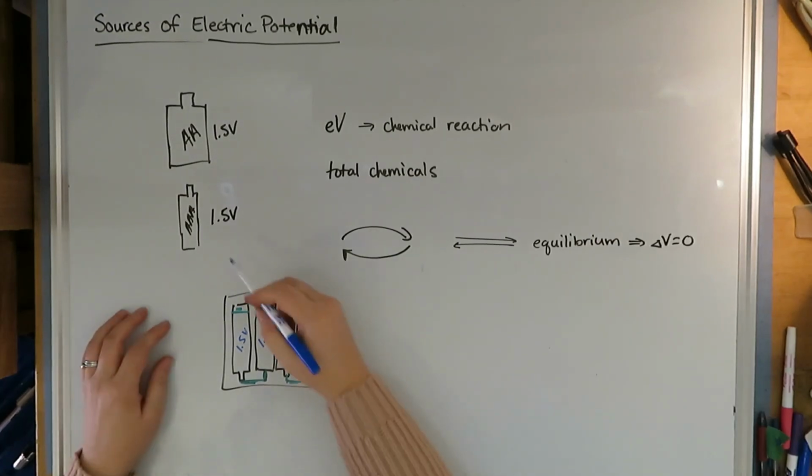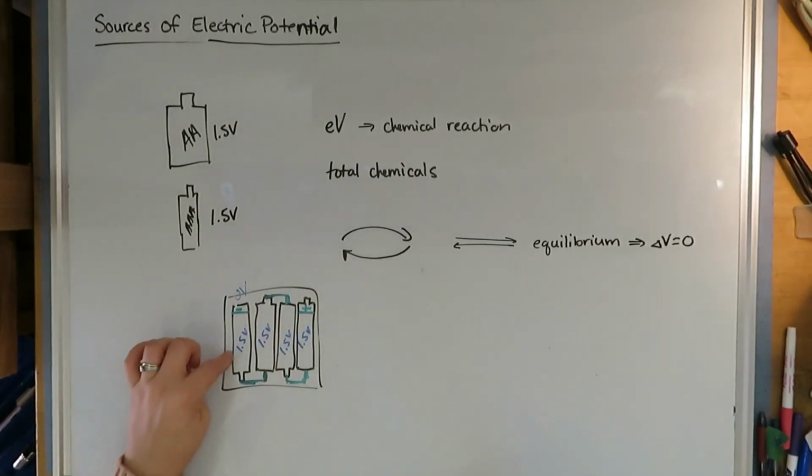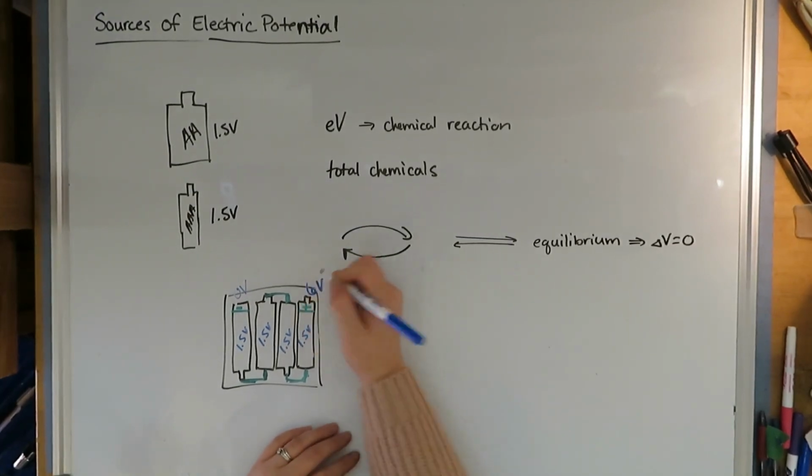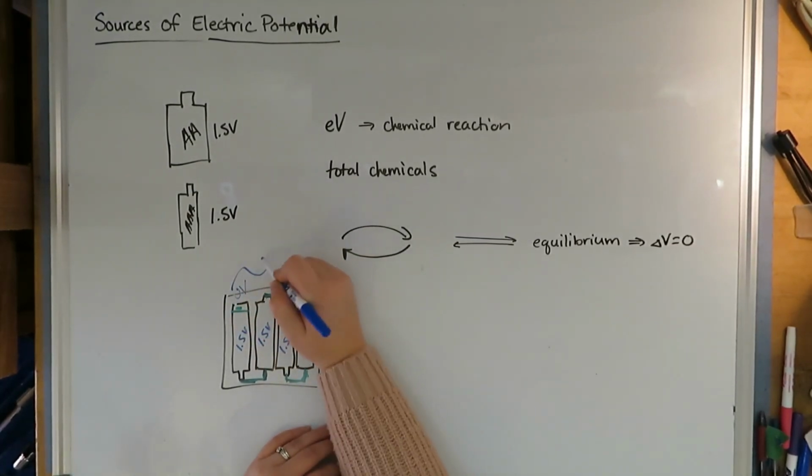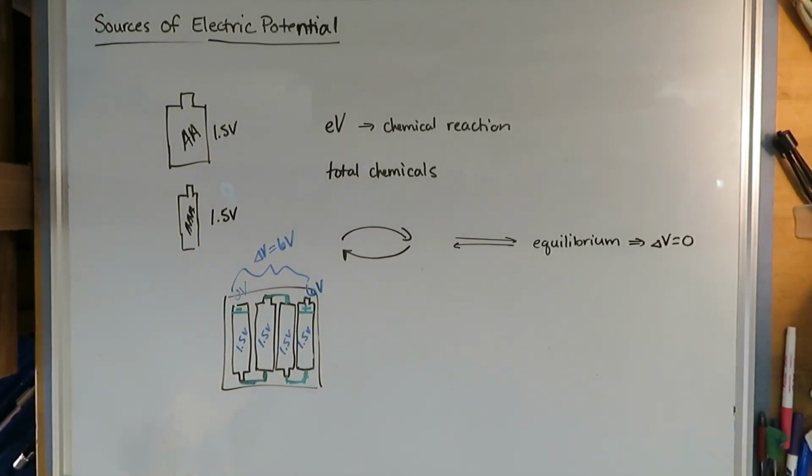So if you assume that ground is 0 volts, and you add 1.5 volts, and then 1.5 volts, and 1.5 volts, and 1.5 volts, you end up with 6 volts. So you end up with an overall potential difference of 6 volts here. So those calculators actually operate off of 6 volts.